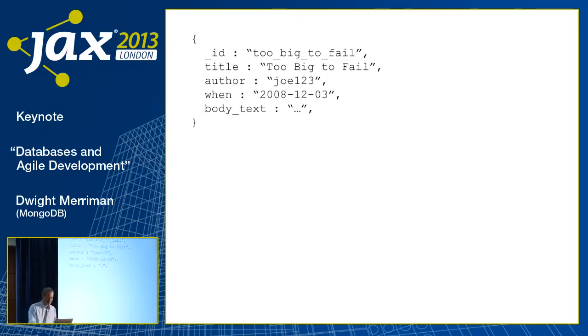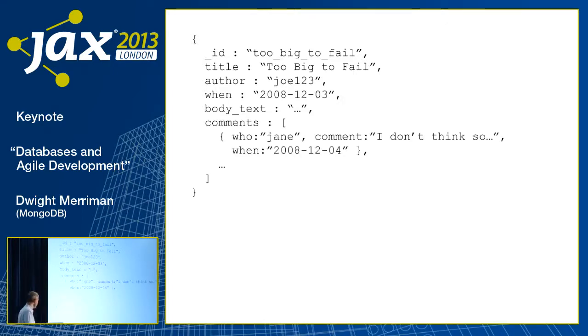So let's say we want to now let people write comments. So we're going to build in some sort of commenting module or subsystem into this CMS, right? So if we do that, you could imagine these documents then evolving to have this kind of a structure to them, right? Where you have nested comments within the document. You could have them in a different collection, but you can imagine them embedded here.